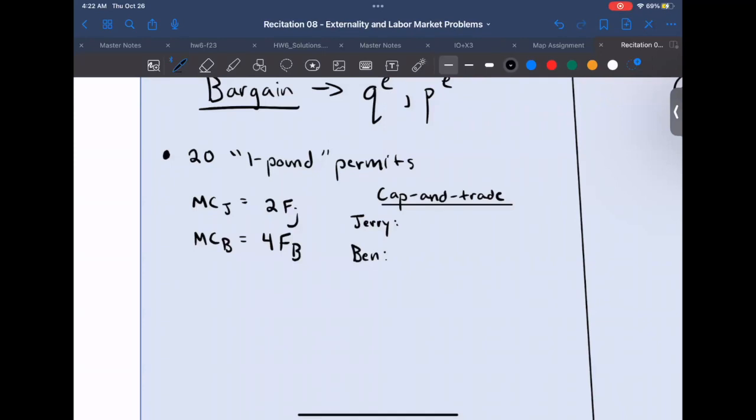So the profit that Jerry makes is going to be price minus the marginal cost times quantity. For Ben, it's going to be the same thing. If Ben has a higher marginal cost than Jerry, that means that for each unit, Ben is going to make lower profit than Jerry.